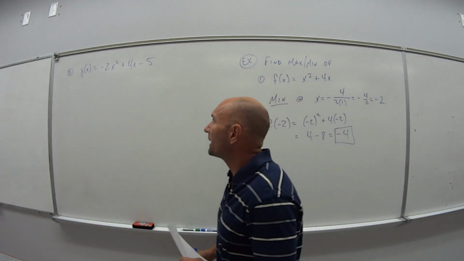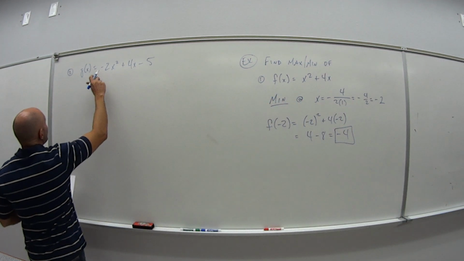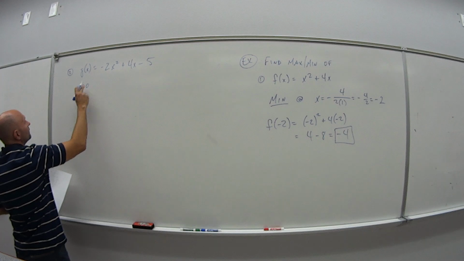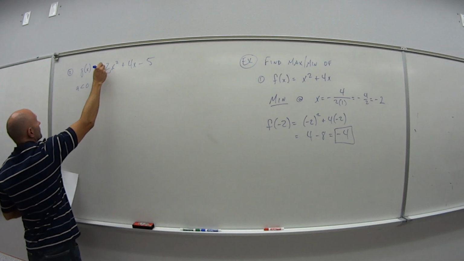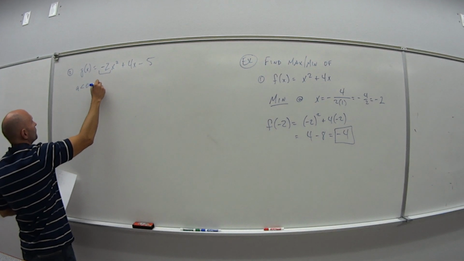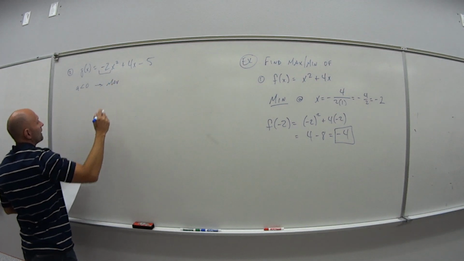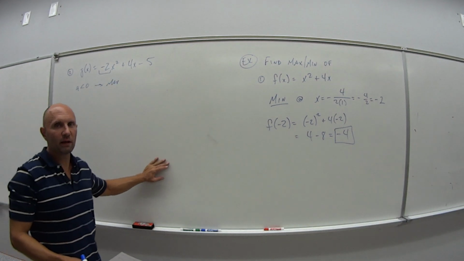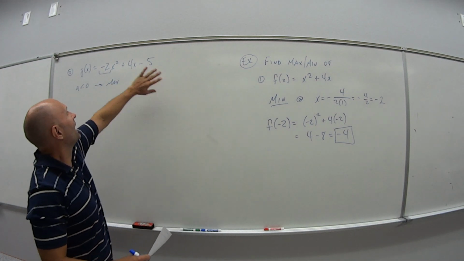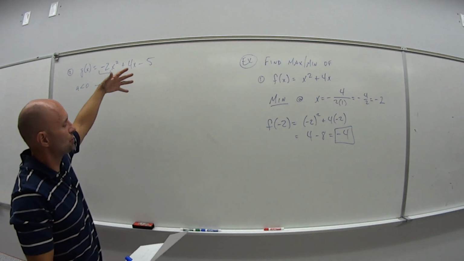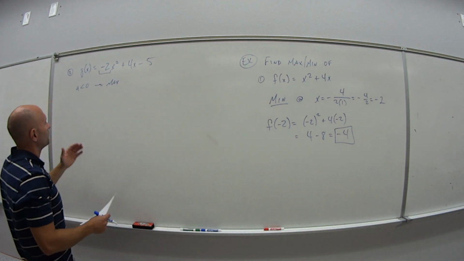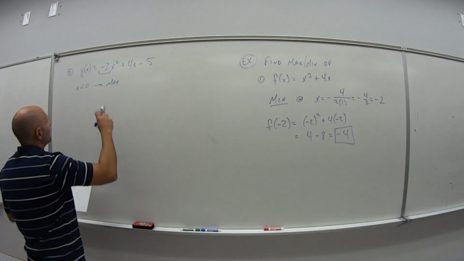All right, welcome back. So our a is less than 0. That's our negative 2 here. So that means we are finding a maximum value. No matter what value I get at the end, I can't plug any other value for x into this function and get a bigger value than what I'm about to find out.